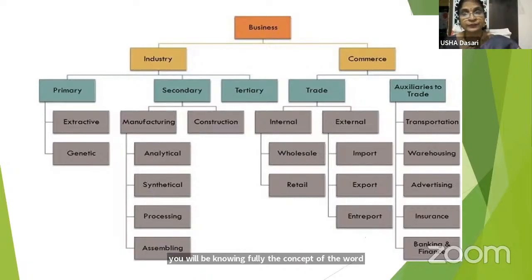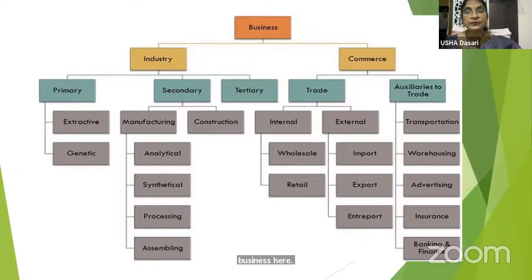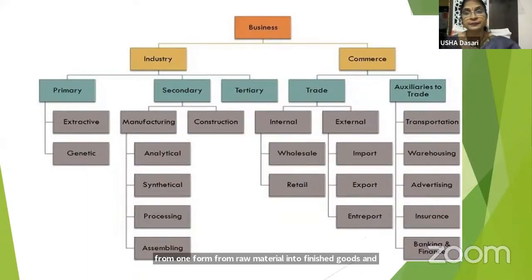Industry refers to the activity which converts raw material into useful products. That means it involves changing raw material from one form into finished goods, and industry imparts form utility to goods. The goods produced may be consumer goods or producer goods.